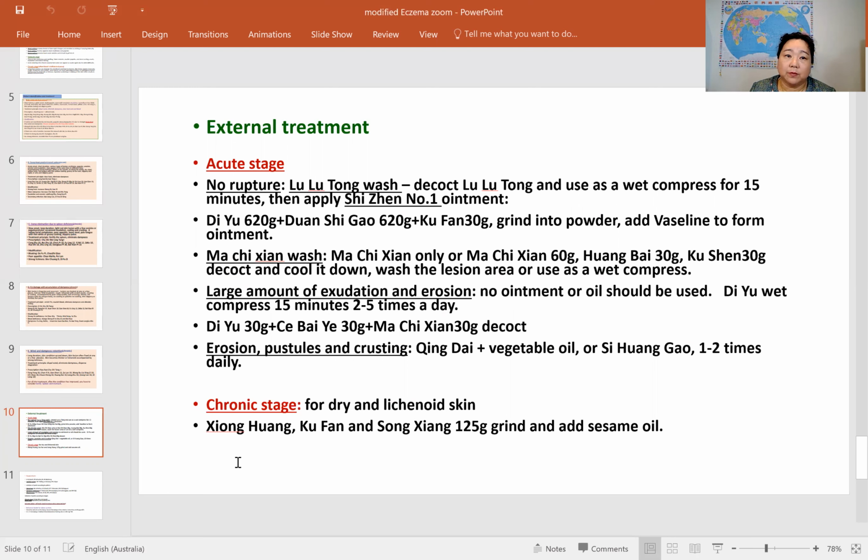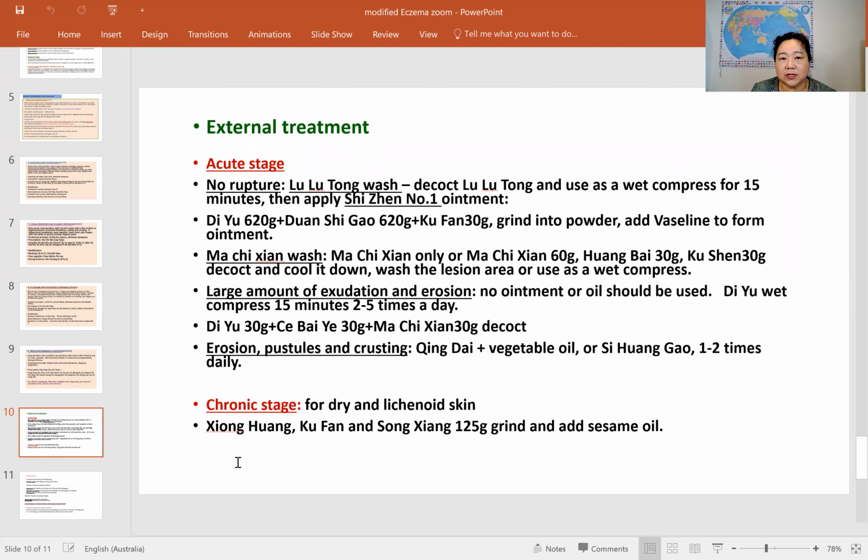But maybe it's different with your patients. For the acute stage external treatment, we have 路路通 wash and 湿疹 ointment #1. The ingredients are here. You can have a look.